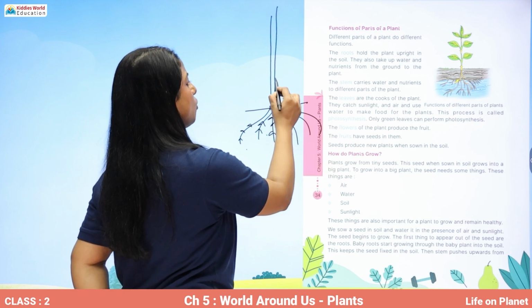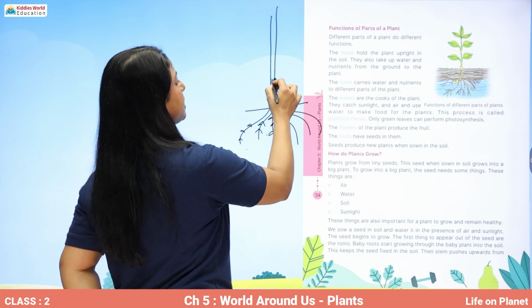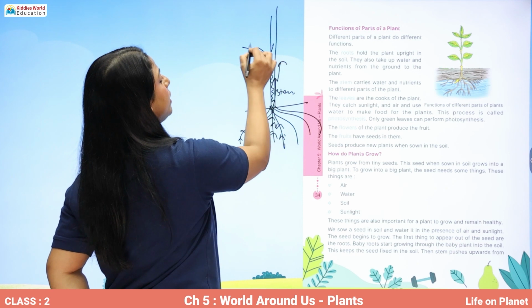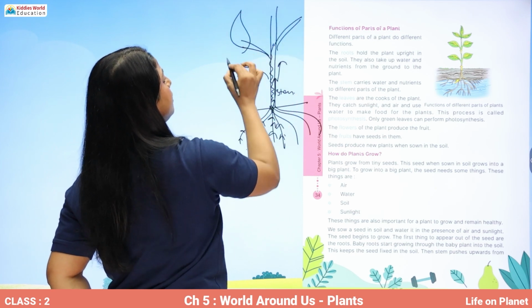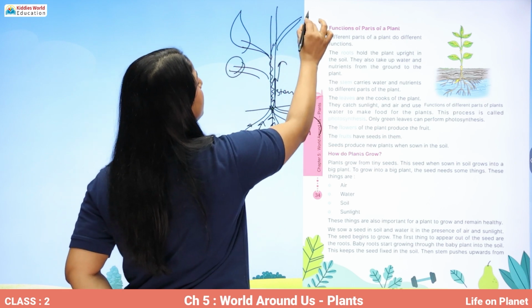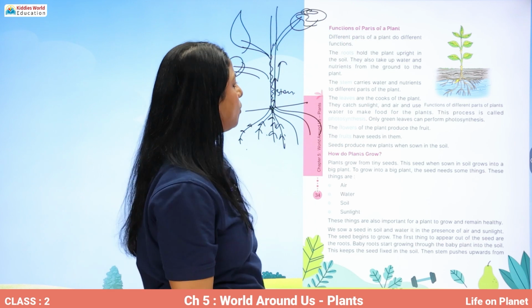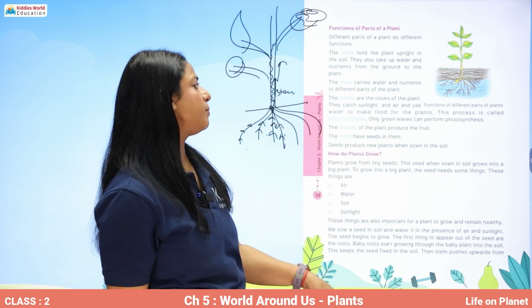It passes it on to the stem. And now what is the stem doing? Now the stem is carrying water upward, and this water is going to all the different parts of the plant. It is going to the leaf, the fruit, and the flower of the plant. Okay, so the stem carries water and nutrients to the different parts of the plant.